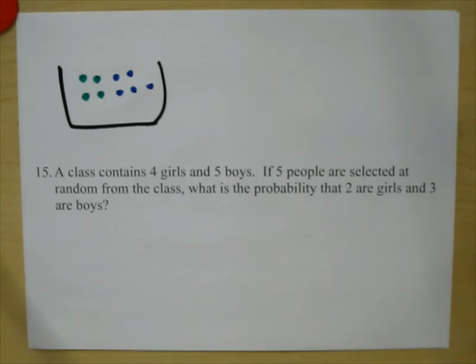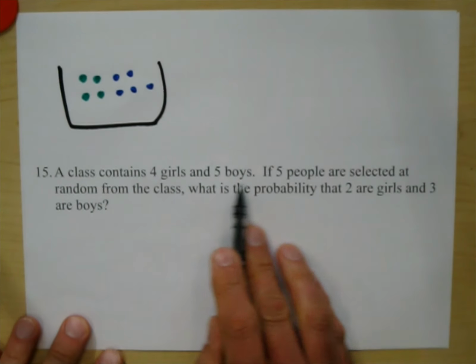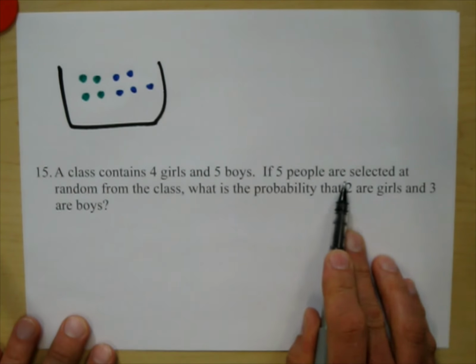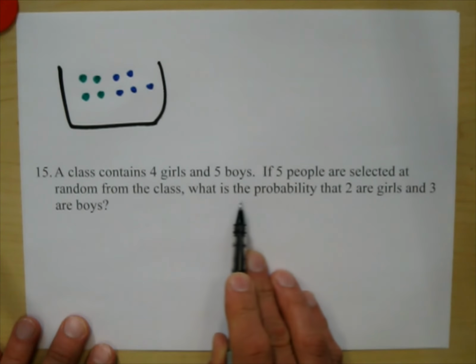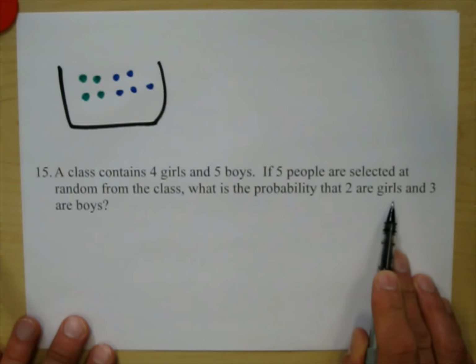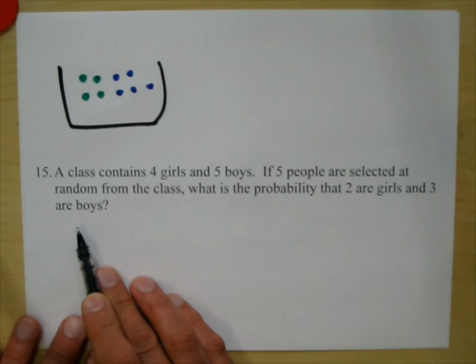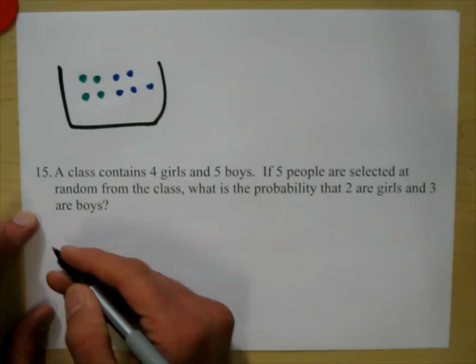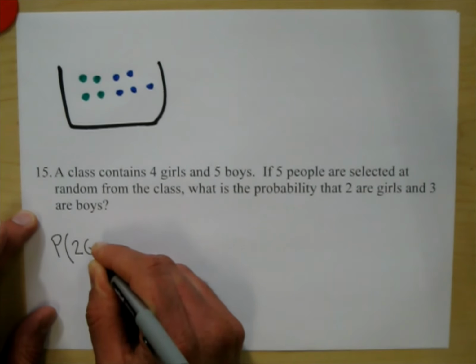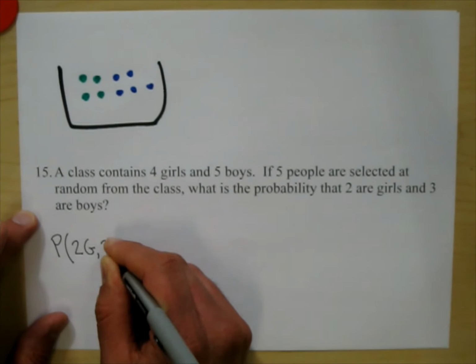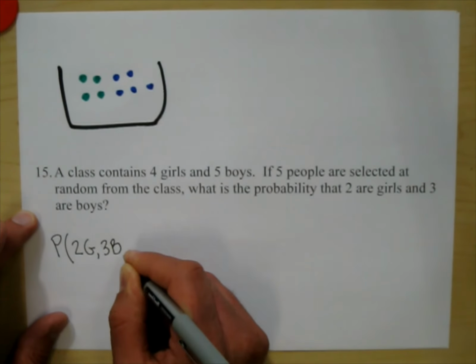So that's what I have. A class contains that. If 5 people are selected at random from the class, what is the probability that 2 are girls and 3 are boys?